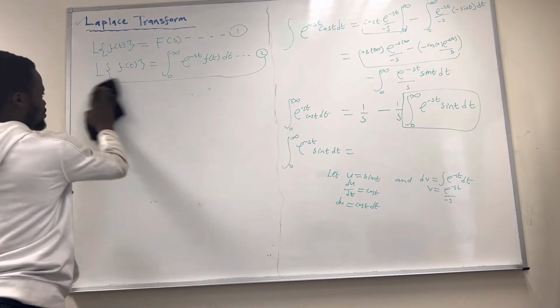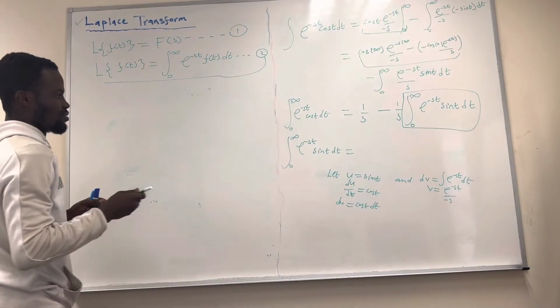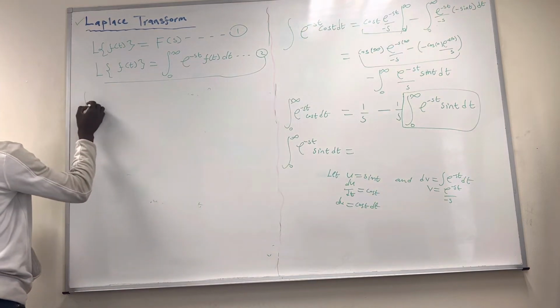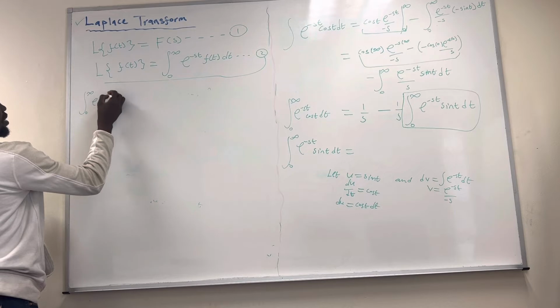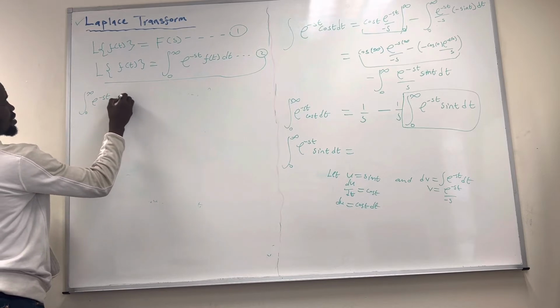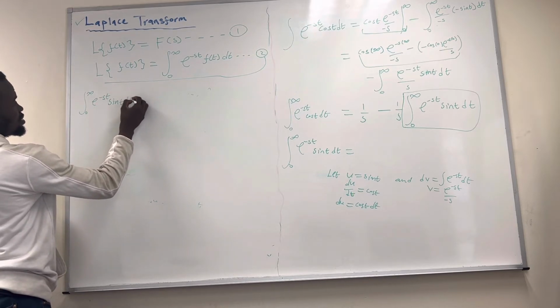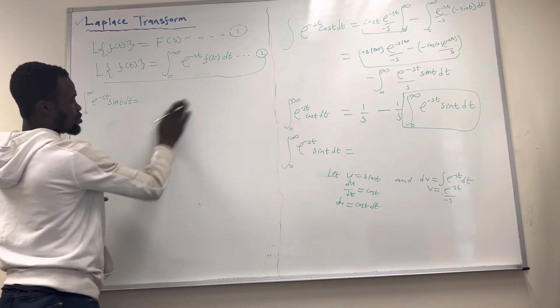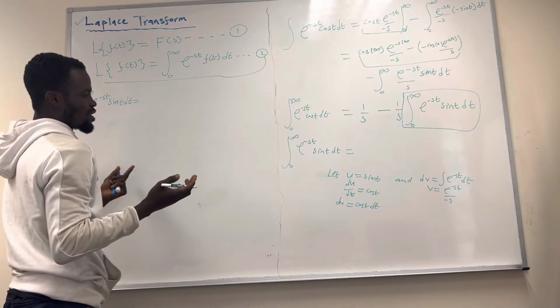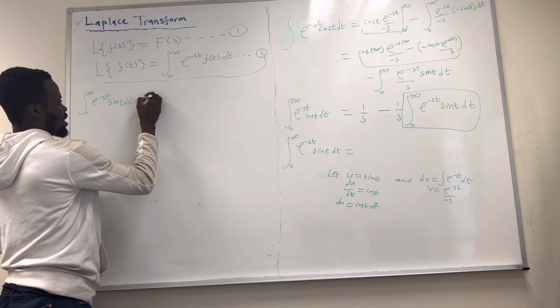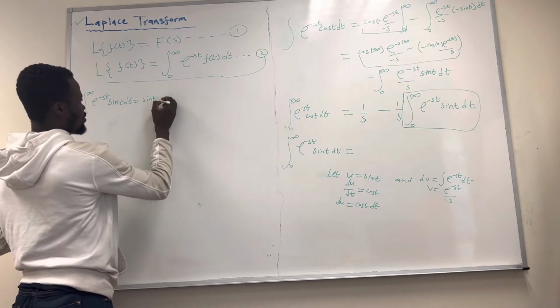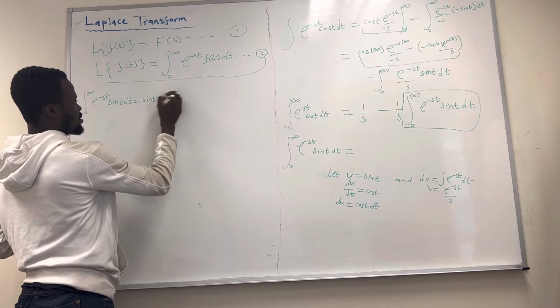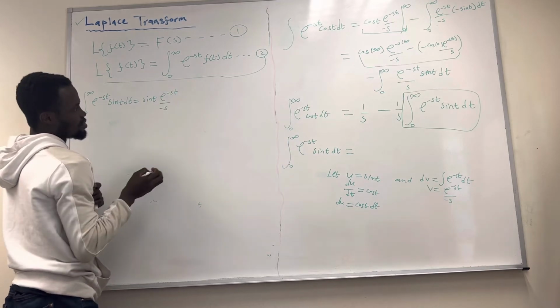So for our next step, so now our integral of e to the negative st sine t dt is going to be equal to, what's your u? Your u is sine t. What is your v? e to the negative st over negative s.